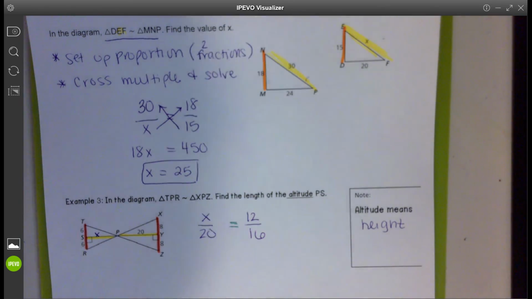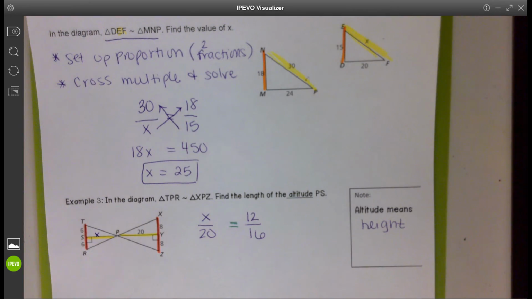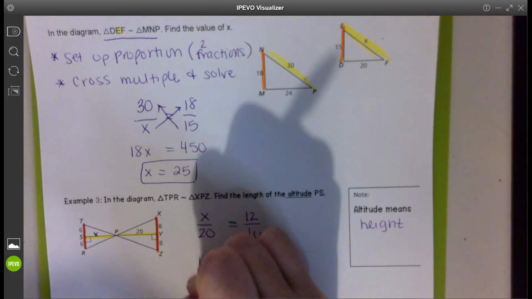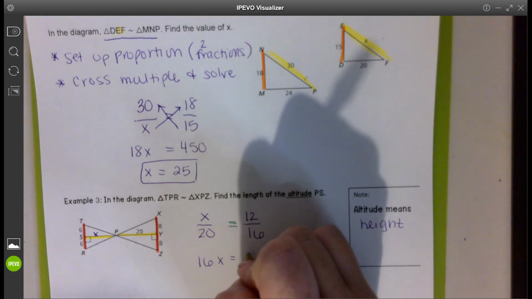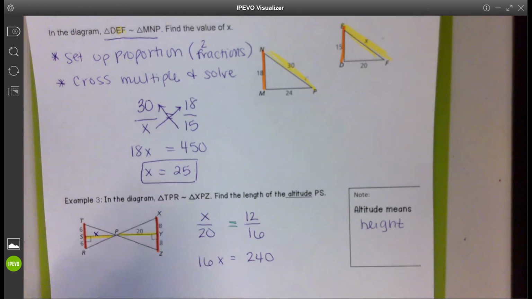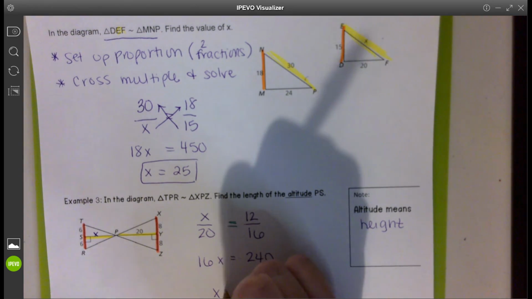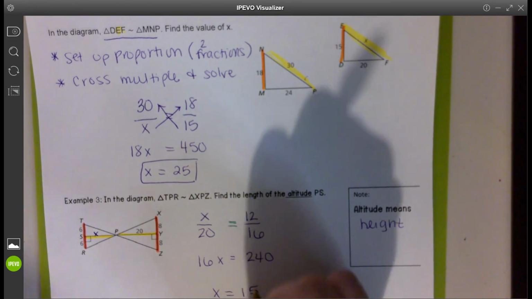So now I'm going to cross multiply. So here, when I cross multiply, I have 16x. And then in the other direction, I'm multiplying, and I get 240. And then we divide by 16. And x equals 15.